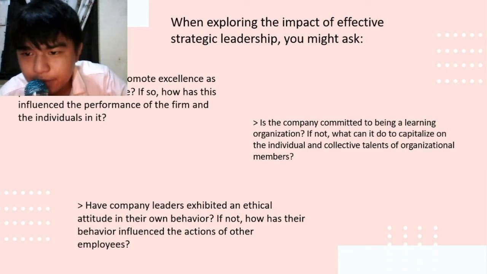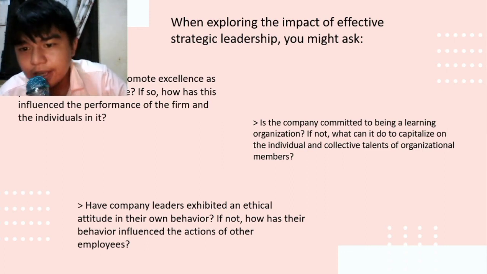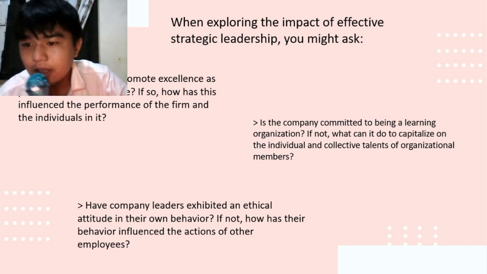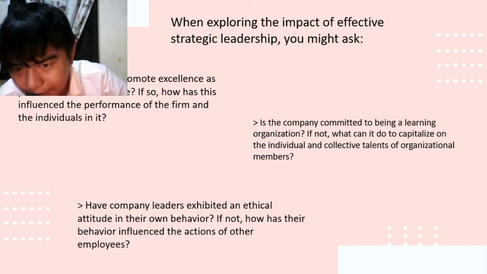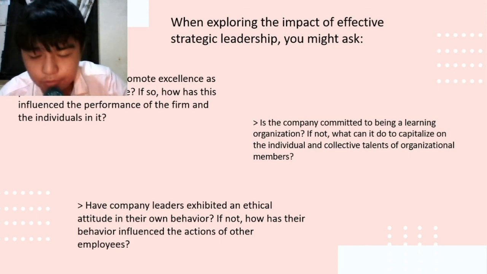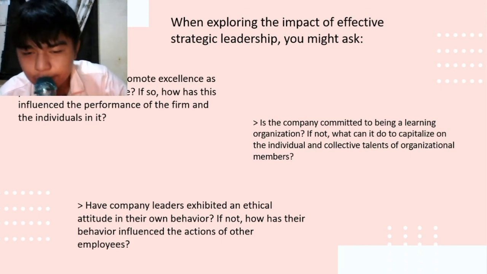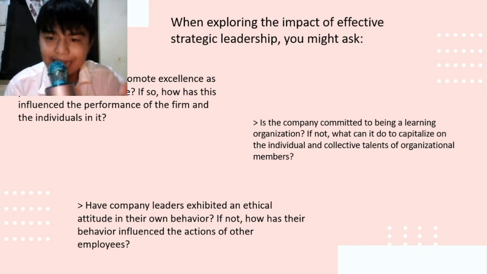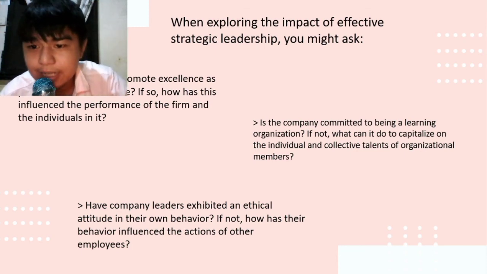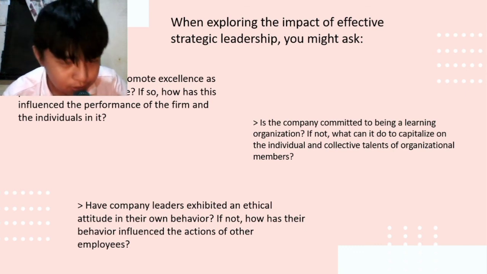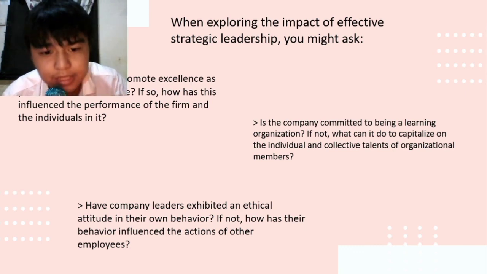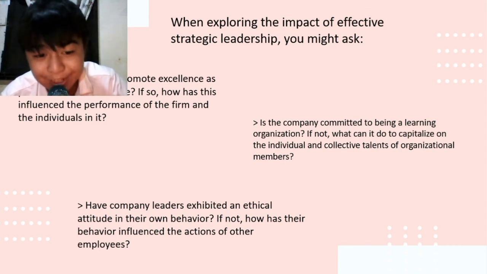Next, is the company committed to being a learning organization? If not, what can it do to capitalize on the individual and collective talents of organizational members? So does this company really prioritize its informational aspect enough to utilize the talents of members in the firm, business, etc.? Have company leaders exhibited an ethical attitude in their own behavior?